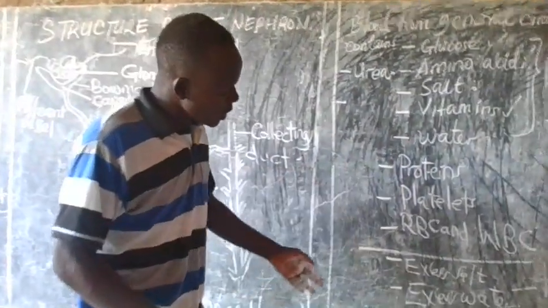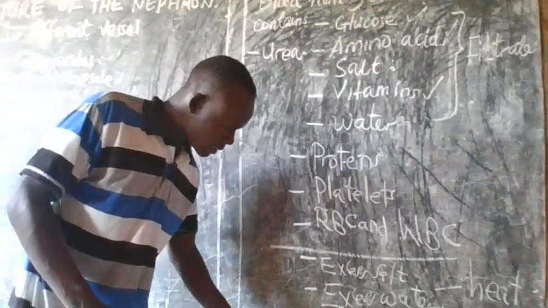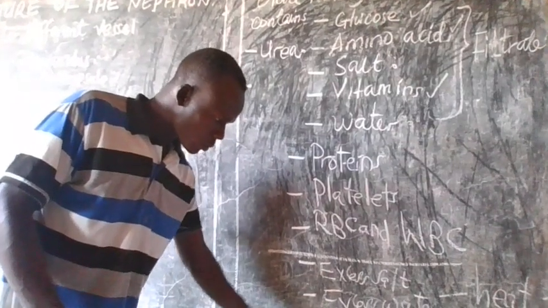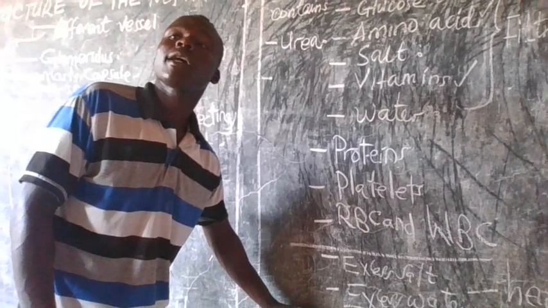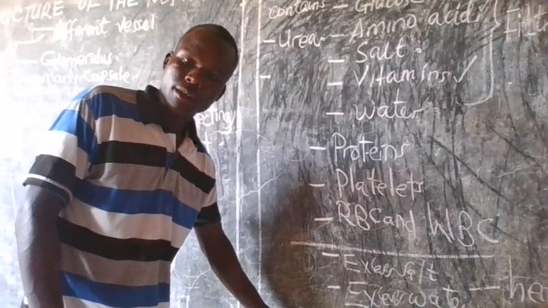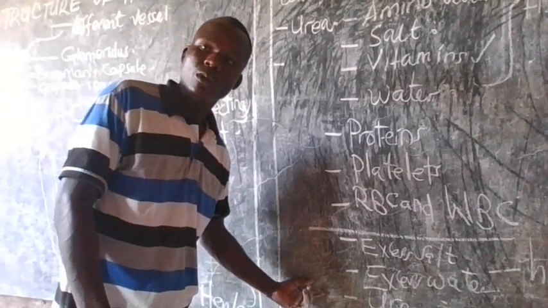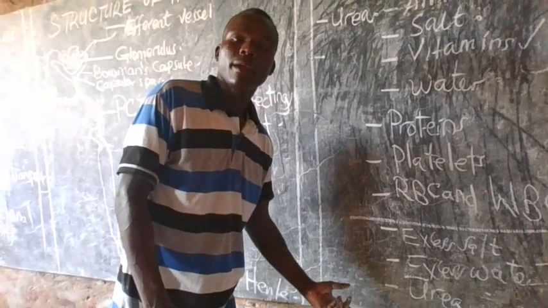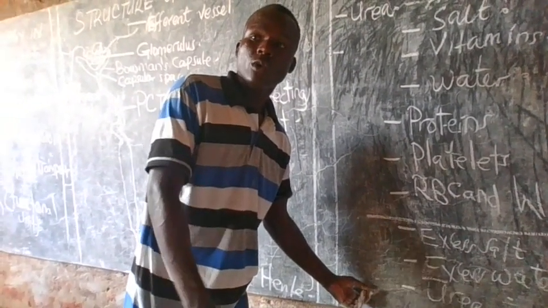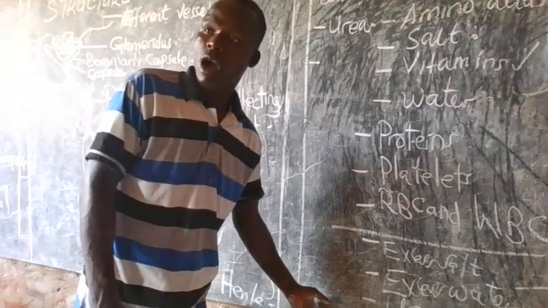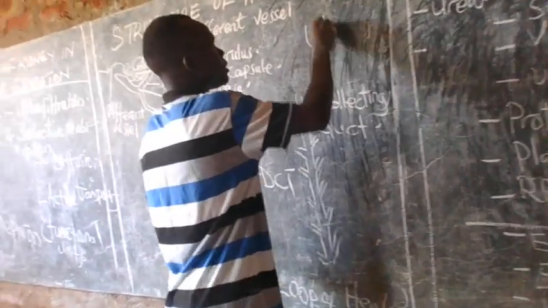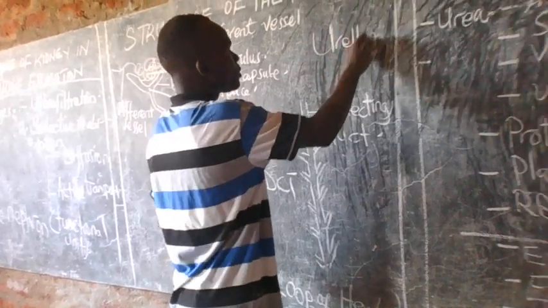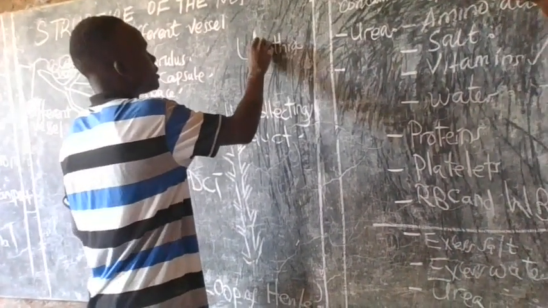So these remaining components, excess heat, excess water, urea, and salt, form for us urine, which moves through the ureter and finally passes out through the urethra. This is how urethra is written.